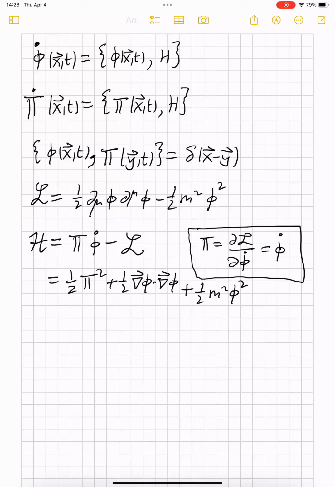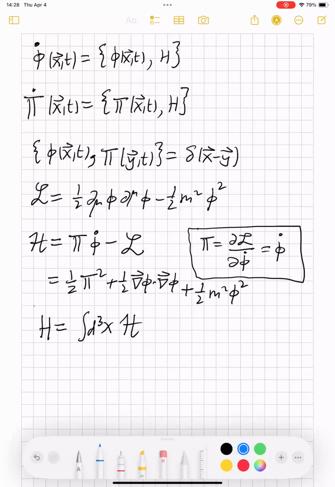So that'll be the Hamiltonian density, and then the Hamiltonian is nothing but the integral d3x of the Hamiltonian density. So it is the Hamiltonian and not the Hamiltonian density that appears inside the equations of motion, okay?